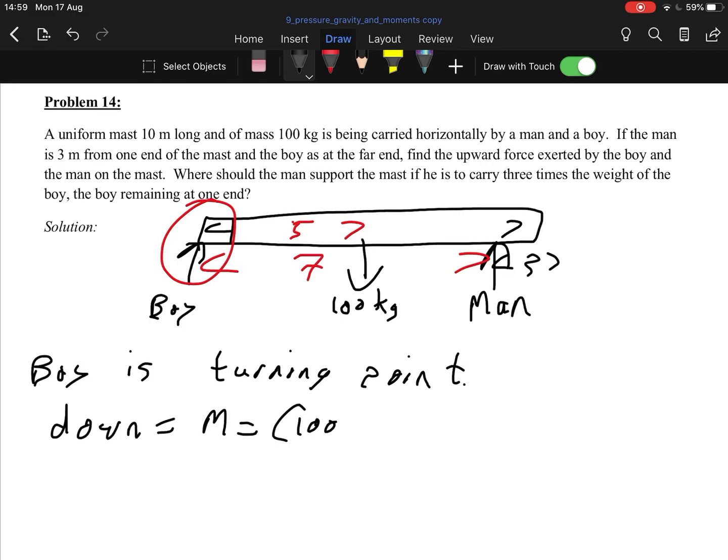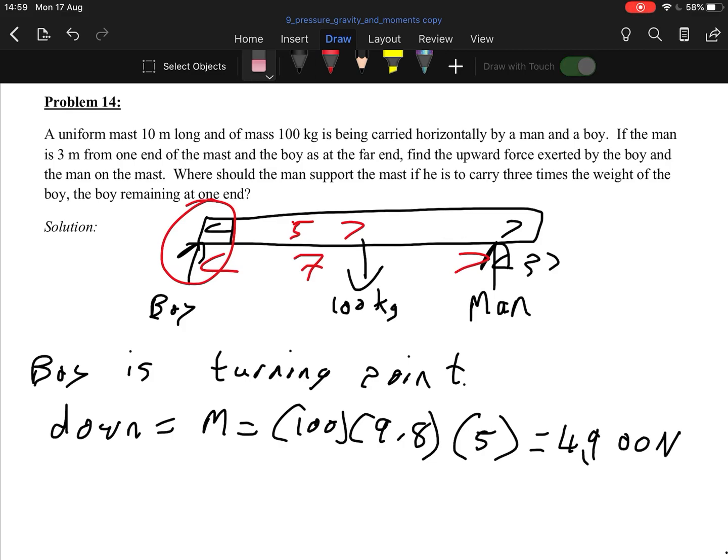So the force is 100 times 9.8, times the displacement, which is 5. You see? So that's going to give us 980 times 5, which is 4,900. Okay? So 980 times 5 is 4,900.